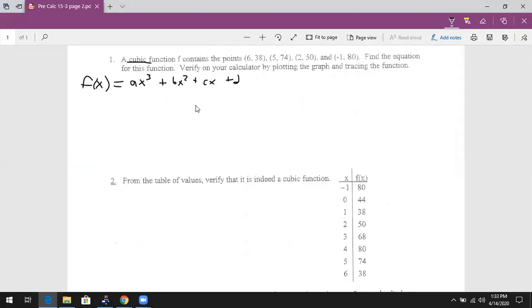And I'm going to use the ordered pair (6, 38). And I'm going to use the ordered pair (5, 74). And then (2, 50) and (-1, 80).